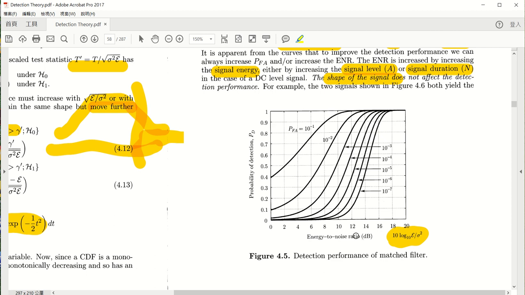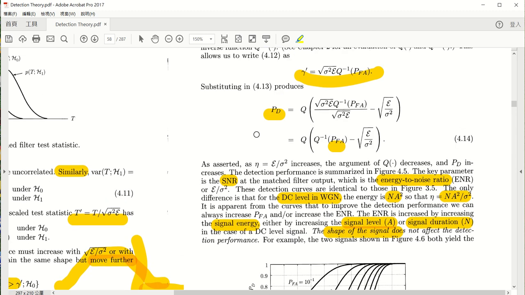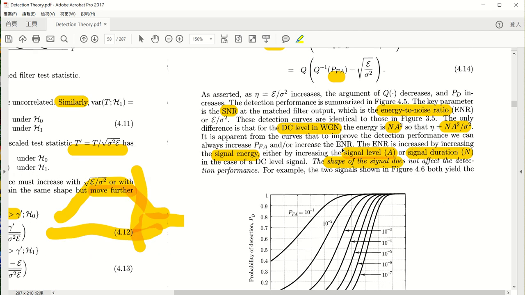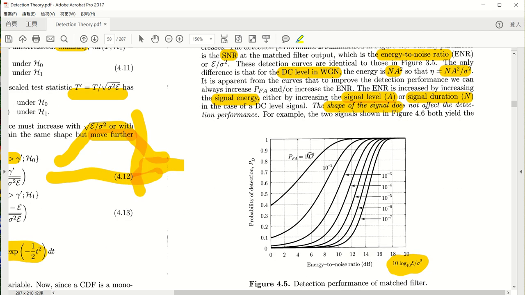Of course, based on this equation, we know that we have to give it a PFA, right? So a PFA equal to 10 to the minus 1. Then we have a curve like this. With the increased SNR, we have better PD. And then with 10 to the minus 2, we have a curve like this.